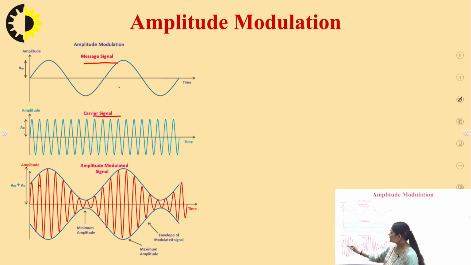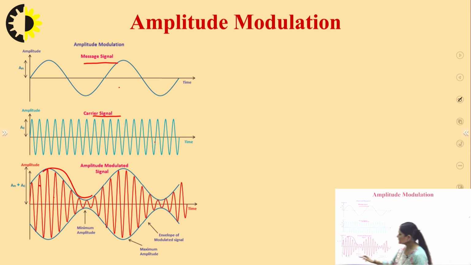See these red pulses here, this red waveform. In this red waveform, the frequency is equivalent to, that is following, the amplitude of the message signal. So the amplitude of the carrier is being modulated on the basis of amplitude of message signal. That's why it is called amplitude modulated wave.